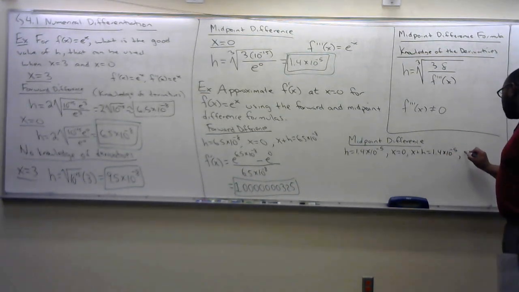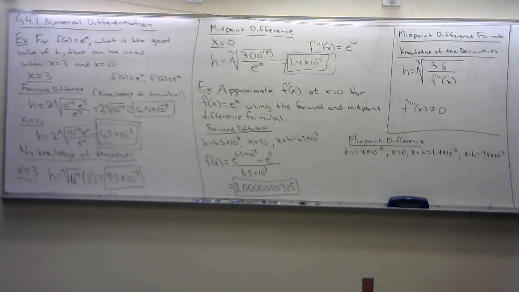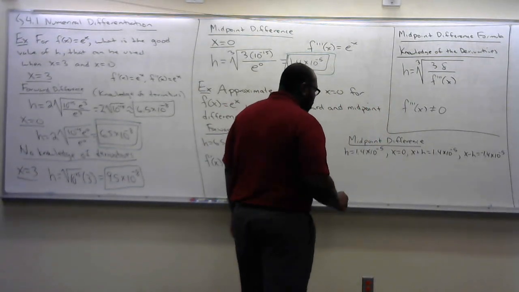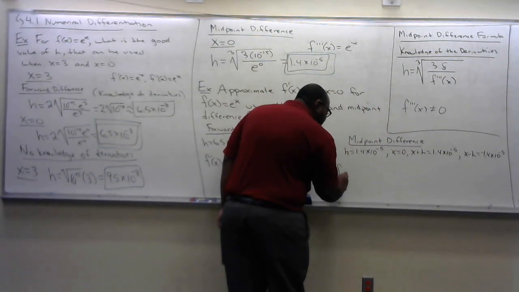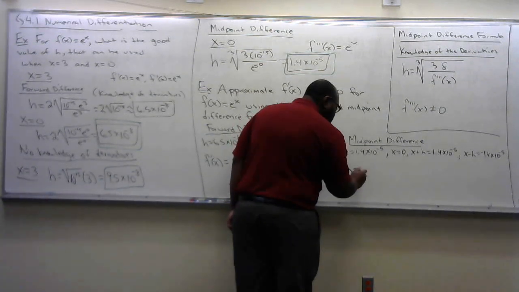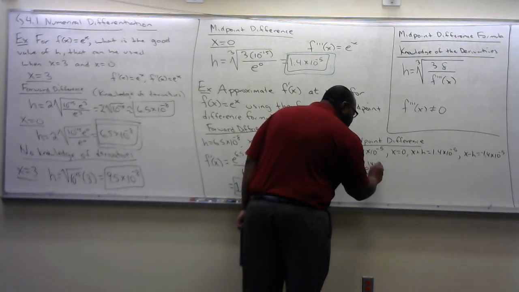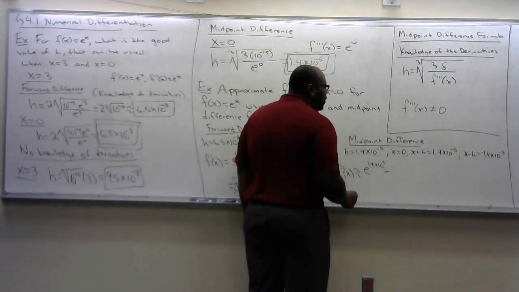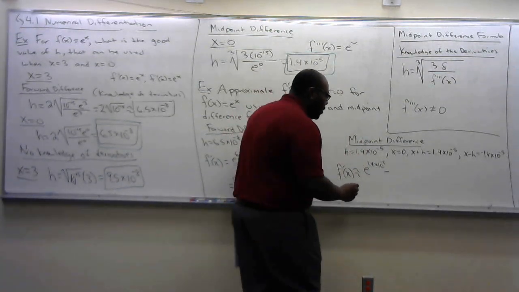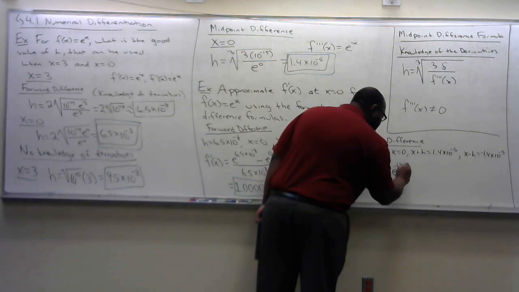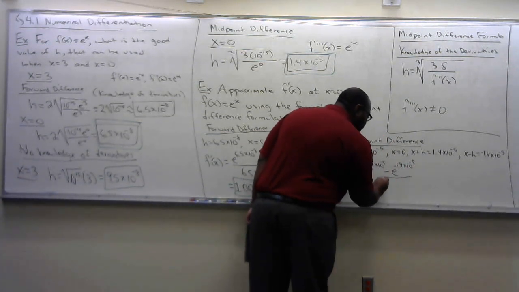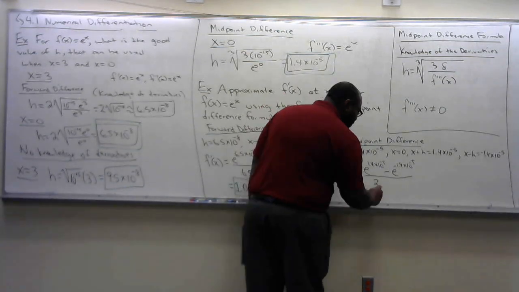And x minus h is going to be negative 1.4 times 10 to the negative 5. So my approximation is f prime of x approximately equal to f of x plus h, which is e to the 1.4 times 10 to the negative 5, minus f of x minus h, which is e to the negative 1.4 times 10 to the negative 5, all that divided by 2 times h.